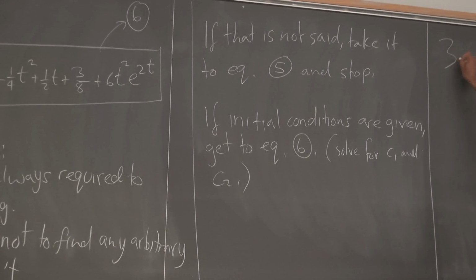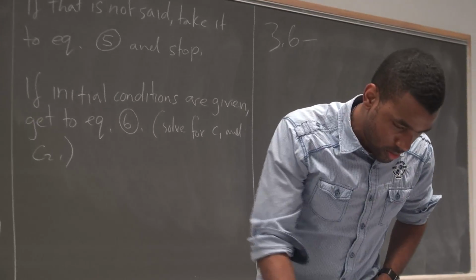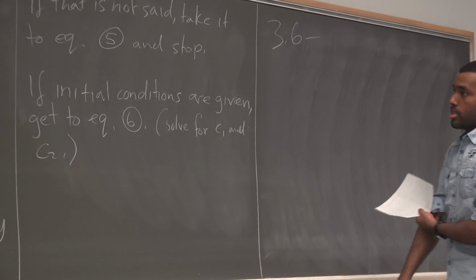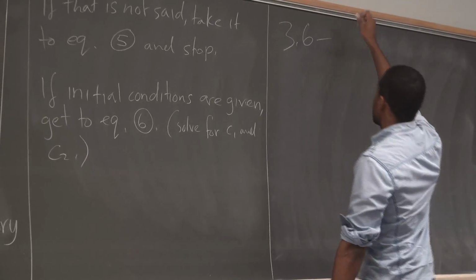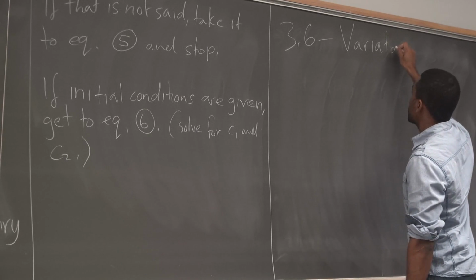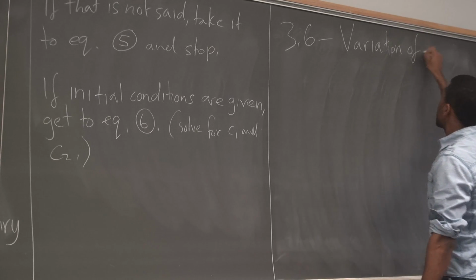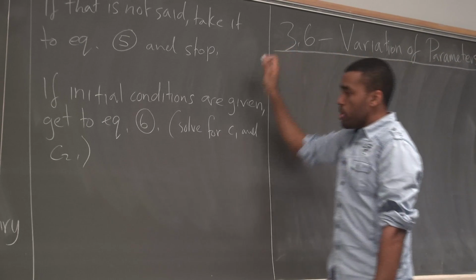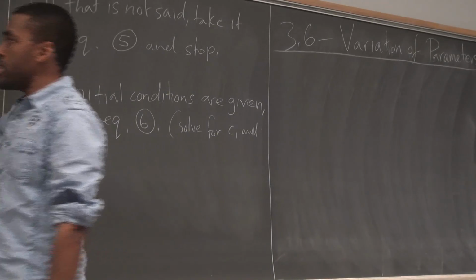That's it basically. I want to go to 3.6. 2.6 talks about variation of parameters. It's basically another method to get to the YP, right?